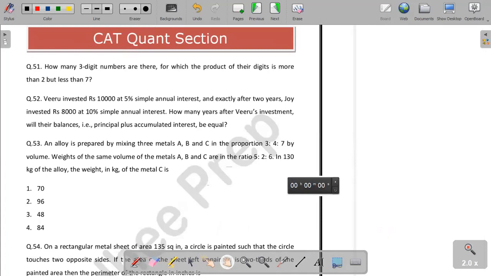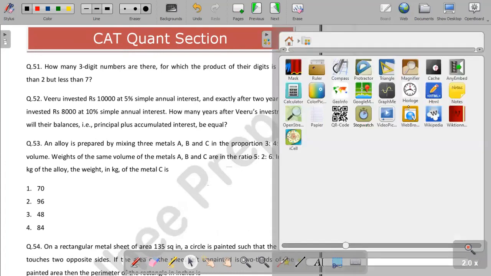Just wait a second. Oh, this is not a timer. This is a stopwatch. Sorry. I will try to put a timer. Let me see where it is. Stopwatch. Ruler, compass, triangle, fire, open store, stopwatch.